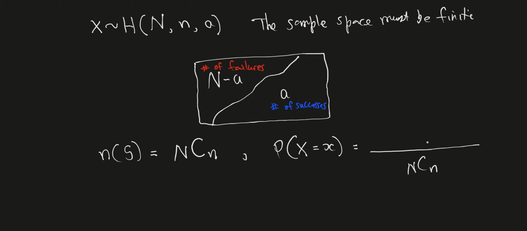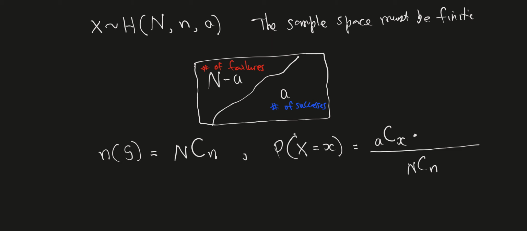Now I have to figure out what goes in the numerator. Well, if I want to observe exactly x number of successes, then I'd have to make sure that out of the A here, I have to choose x of them. So at the top I'd have A choose x out of that subset, and then I'd have to make sure that the remaining ones are failures, right?